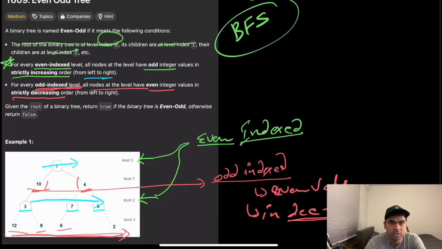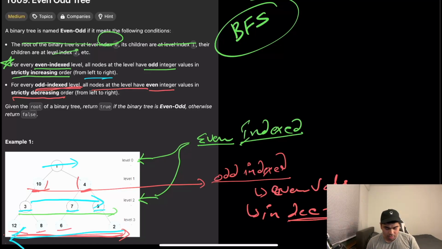If it is an even level, then we will have to check that the values are odd. All the values must be odd for an even level, and for an odd level the values must be even. They're just crossing the evens and odds here. And for an even level, we want to check the values must be in increasing order, and on the odd level, which is level 3 here, values must be in decreasing order.